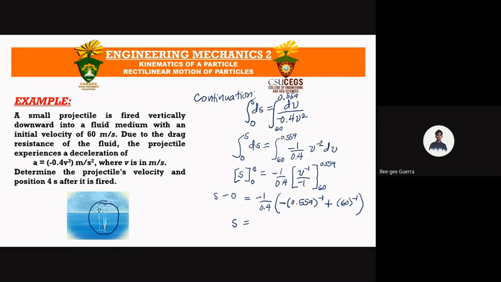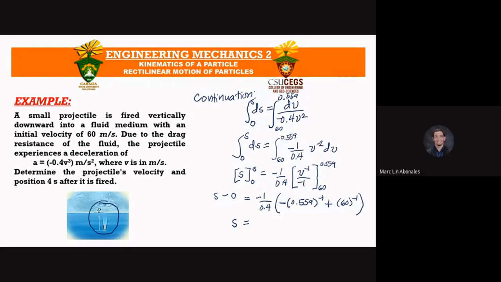Four point 51, sir. 4.51. 4.51? Why 4.51? Okay. Isn't it that 0.559 to the negative 1 is 4.43?